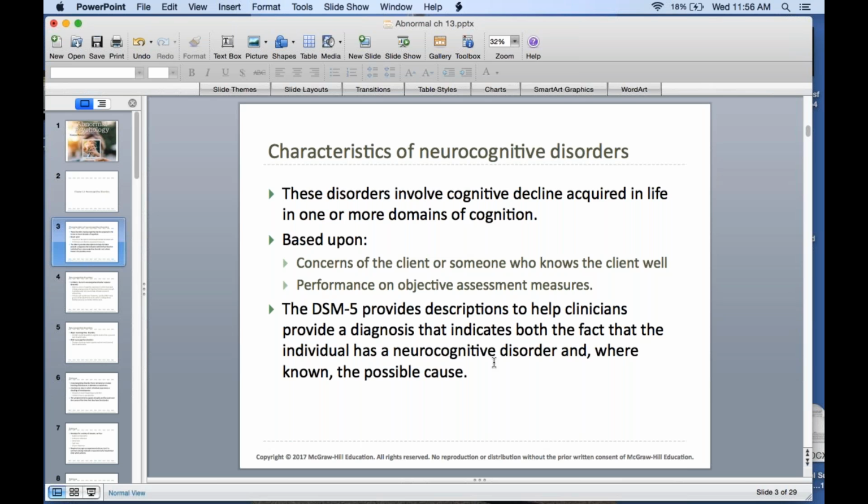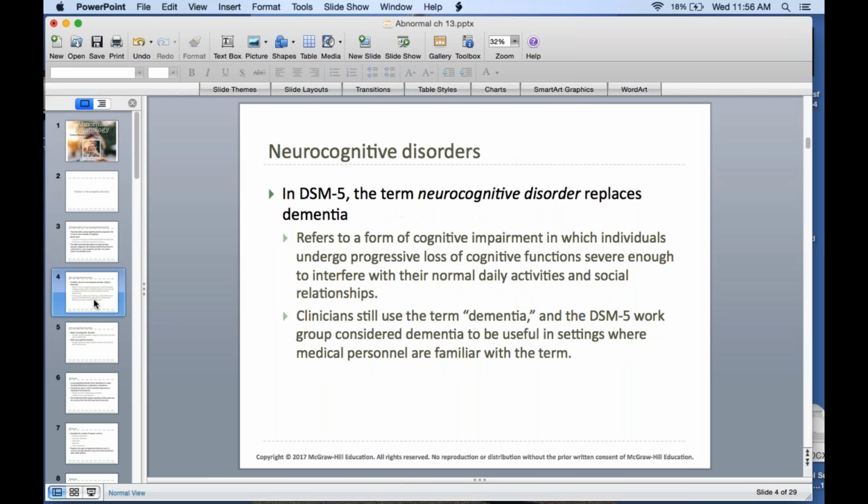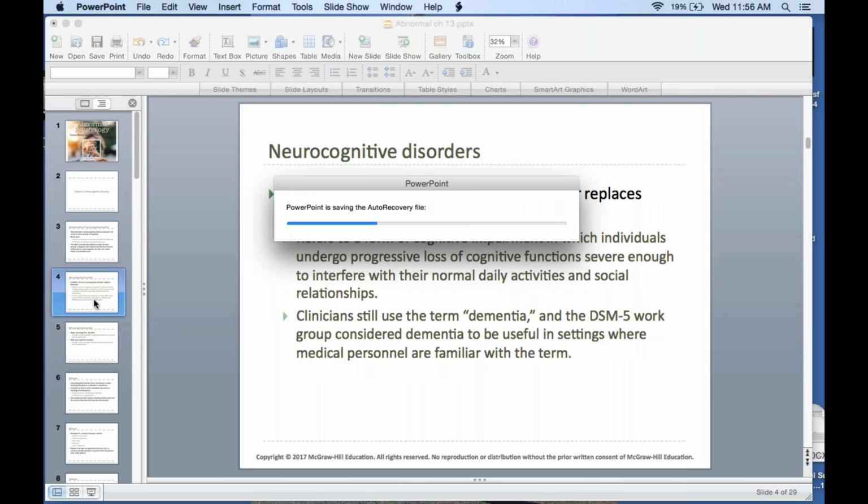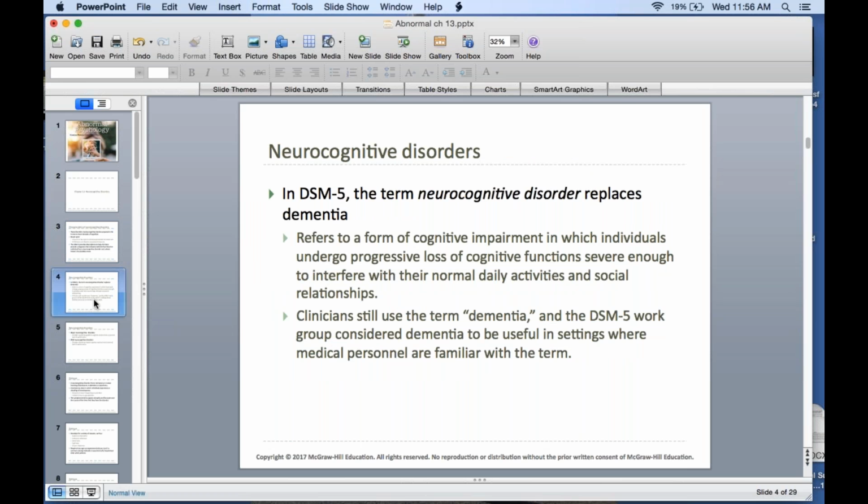The DSM provides descriptions to help clinicians, people like me, provide a diagnosis that indicates both the fact that the individual has a neurocognitive disorder and what the possible cause might be. All right, so let's talk about these. In the DSM-5, we replace the word dementia with the term neurocognitive disorder.